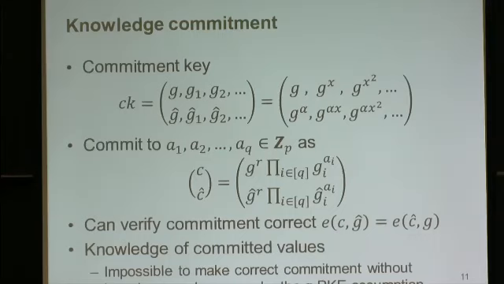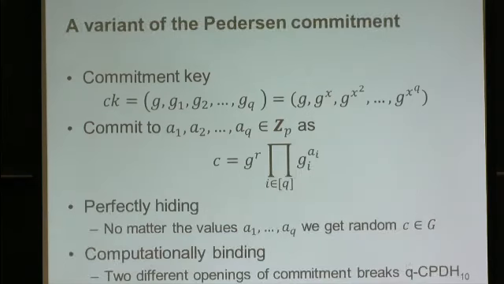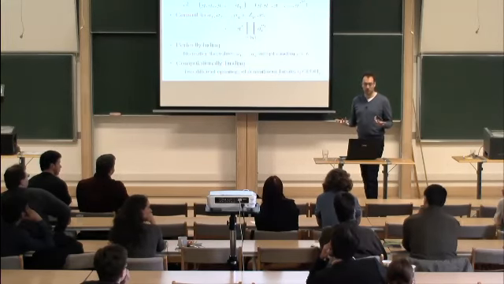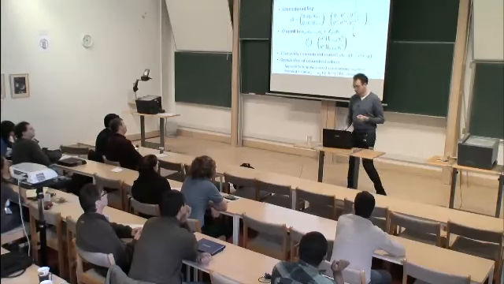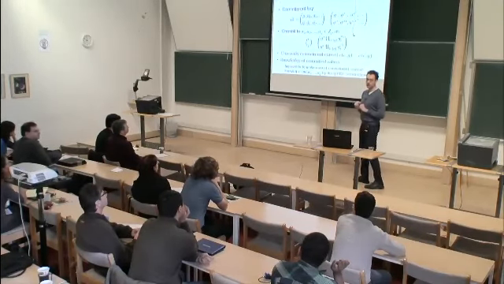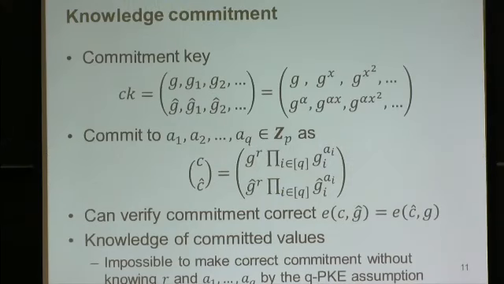Why were the previous ones not knowledge commitments? Well, one way you could generate C, for instance, is you could just pick a random group element, and then obviously you don't know what's inside the commitment. That's why we are adding this C hat value as well, because now by the q-power knowledge of exponent assumption, the only way the prover could do this is if it actually knows how to open these commitments.